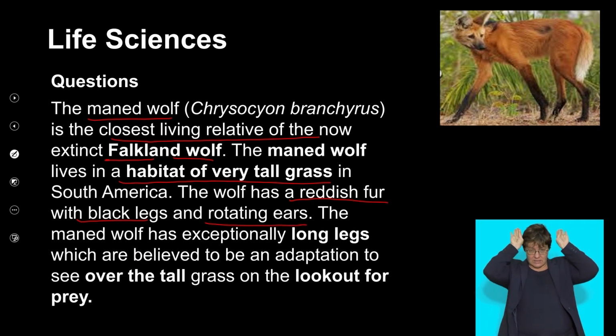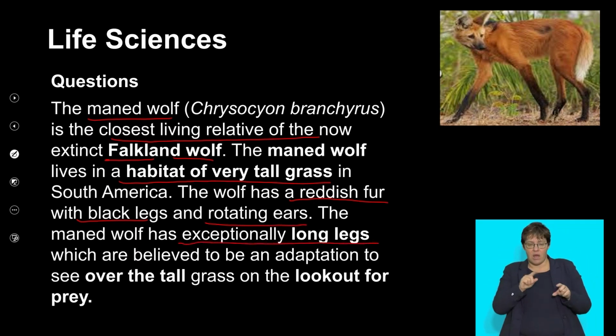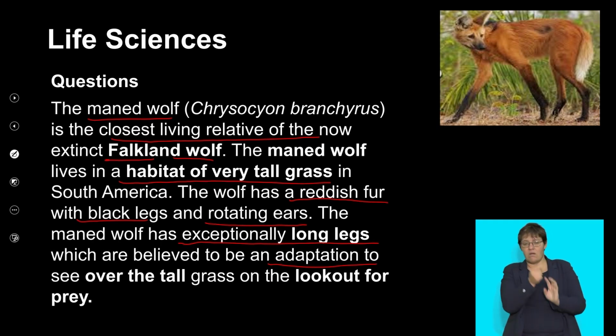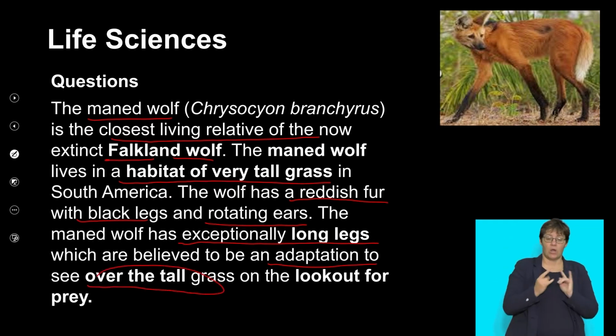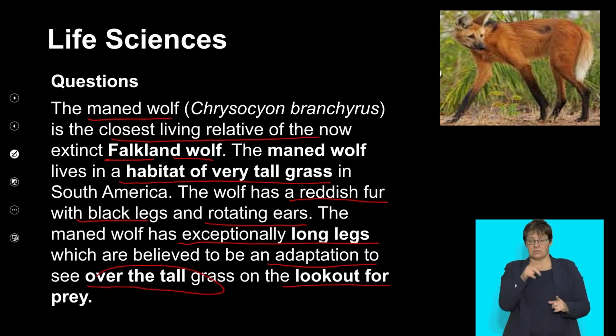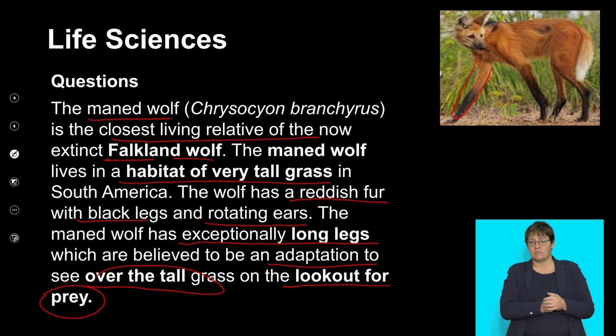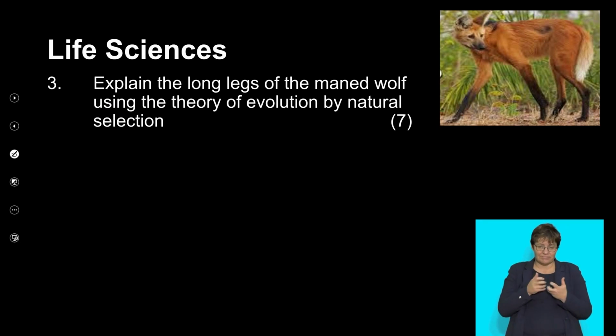The maned wolf has exceptionally long legs, as you see in the image on the top right hand side, believed to be an adaptation for looking over the tall grass and looking out for its potential prey. So these adaptations are significant for its habitat, and so these are unique to its habitat.